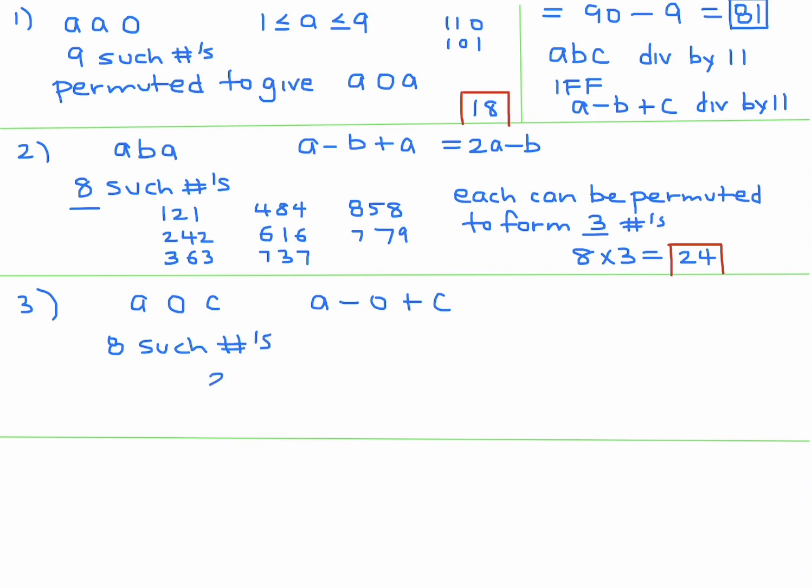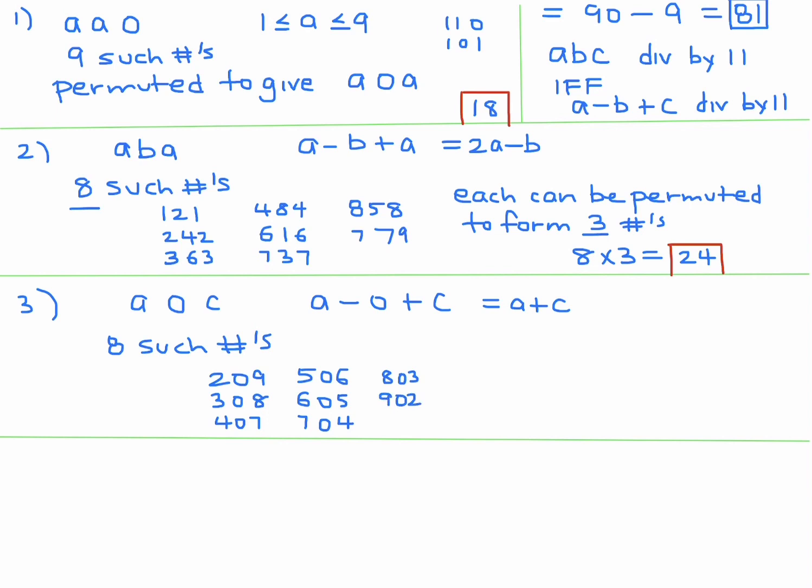And those are 2, 0, 9, because this is essentially just A plus C. So 2 numbers, A plus C, that add up to get divisible by 11: 3, 0, 8, 4, 0, 7, 5, 0, 6, 6, 0, 5, 7, 0, 4, 8, 0, 3, and 9, 0, 2.